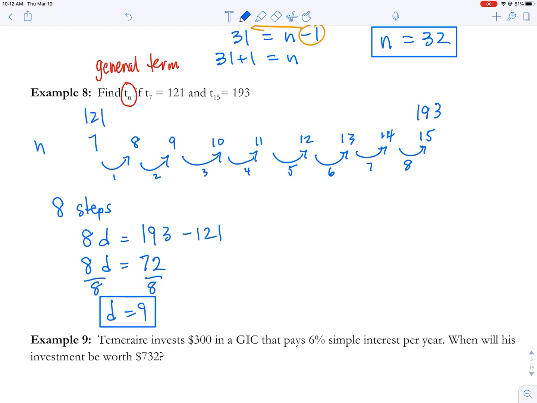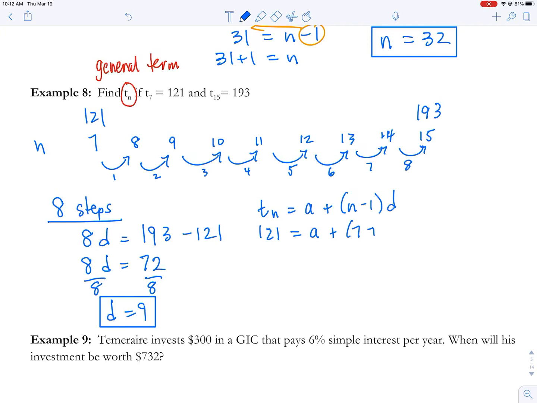Great. But to get the general term, I need the difference and the starting value. So that was to find D. Now to find A, I can take either one of these terms. So T_n equals A plus (n minus 1) D. I'll take the first one, T7. So 121 equals, I don't know what A is, but I know I'm on my 7th number.